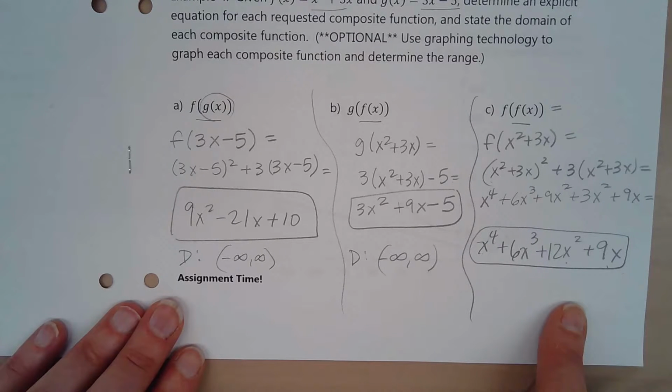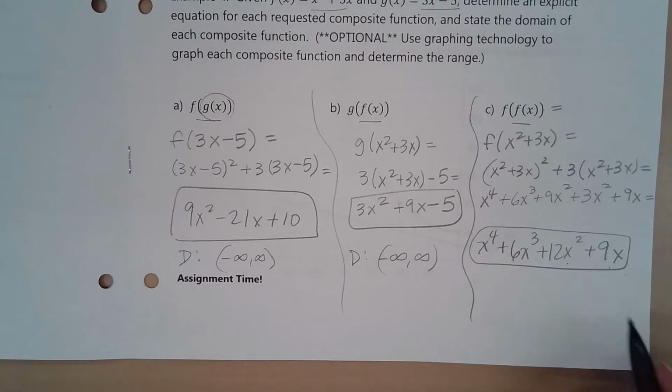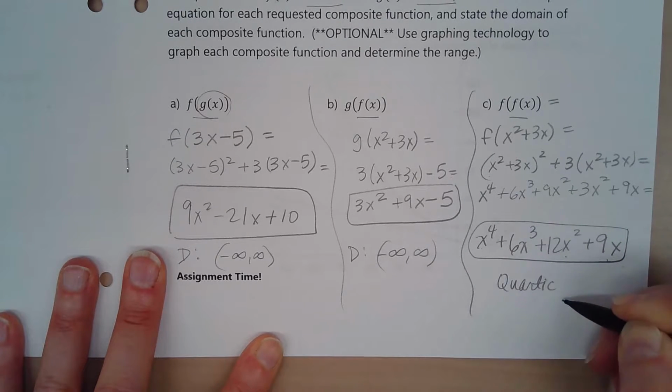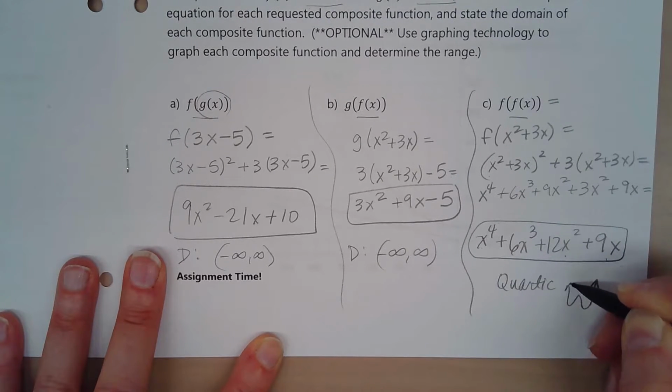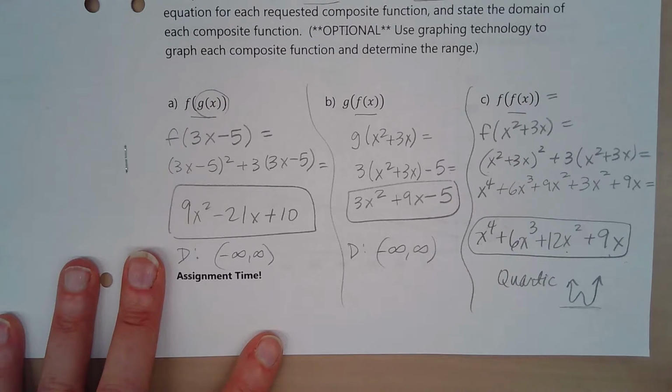This one we'd have to graph. Because this is a quartic, right? A quartic would have one of these guys, right? So it would have a minimum. So we can't determine without graphing technology. Good try.